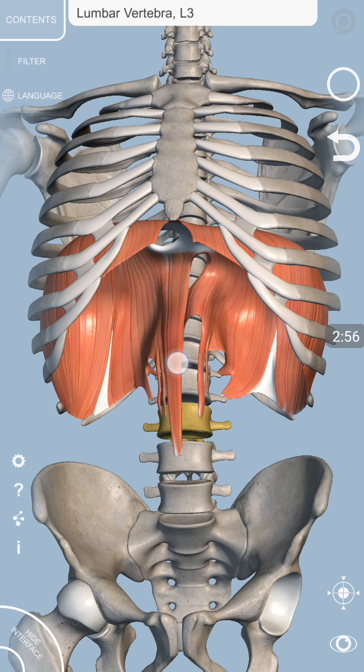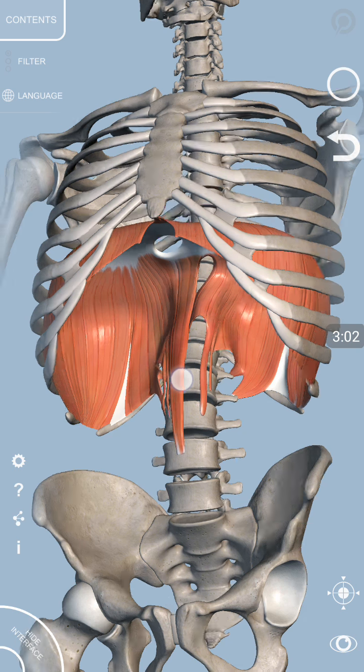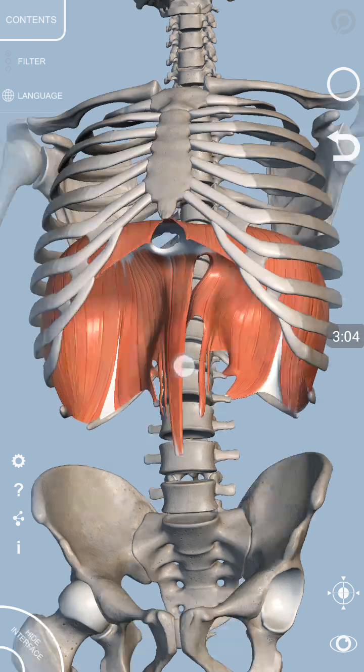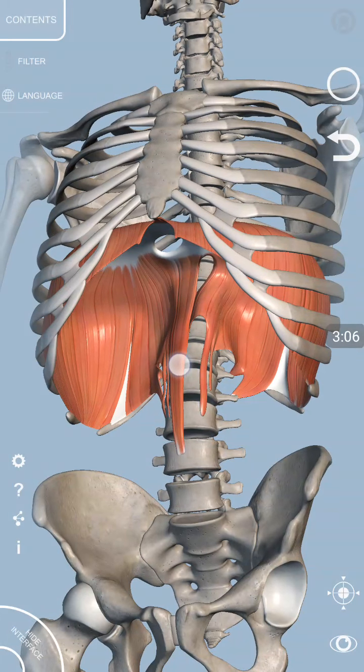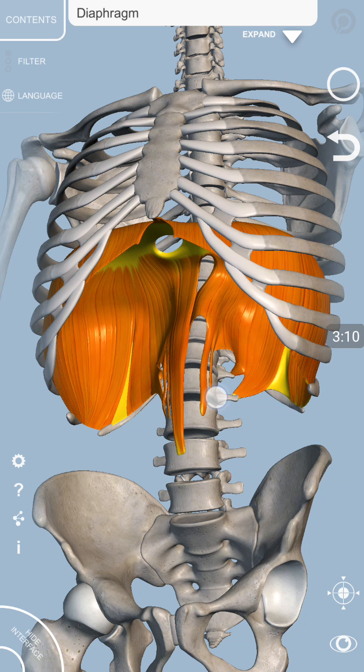So here we have got two crura. This is the right crus of the diaphragm, this is the left crus of the diaphragm. Right crus, you can see, is longer as compared to the left one. It is originating from the upper three or four lumbar vertebral bodies, and the left is originating from the upper two or three lumbar vertebral bodies.